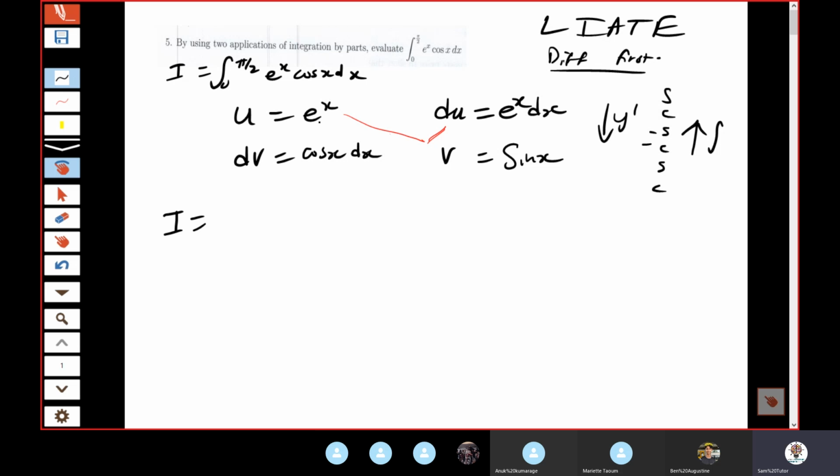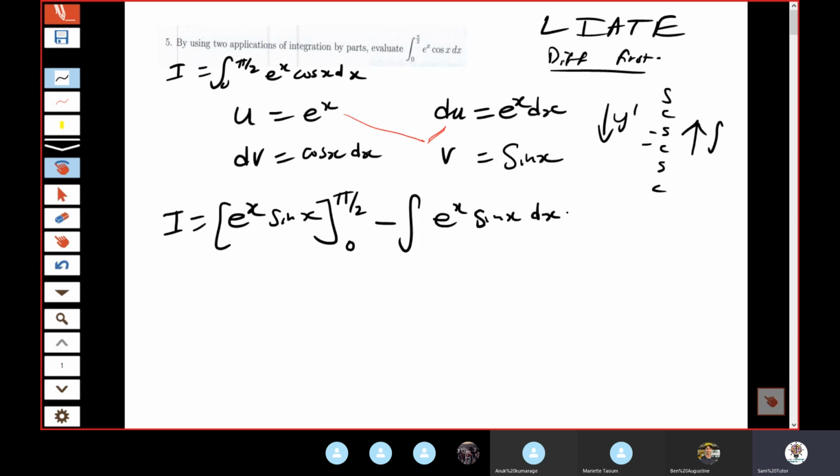So it will be e to the x sine x. And because you've got limits, this will have your limits already. This is technically been integrated. That's the way you've got to think about it. Minus the integral of these two put together, e to the x sine x dx with your limits from 0 to pi on 2.